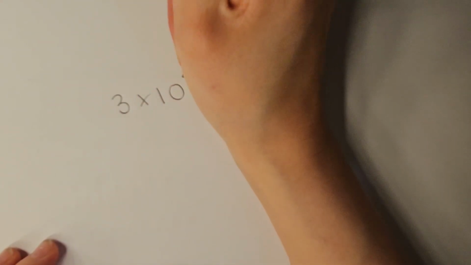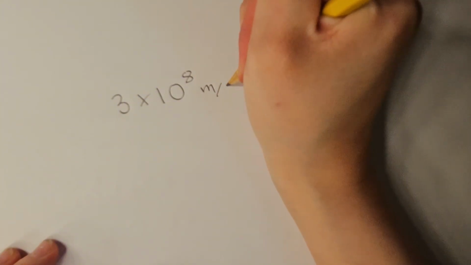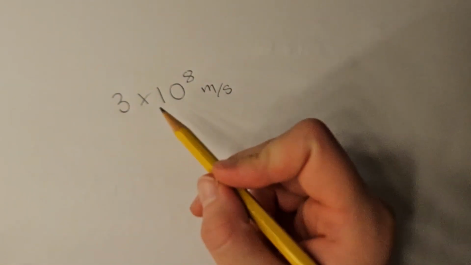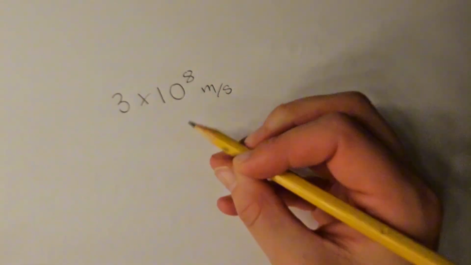If you take any physics or chemistry class, you have probably seen this number, which is 3 times 10 to the 8th power in meters per second. This is rounded.